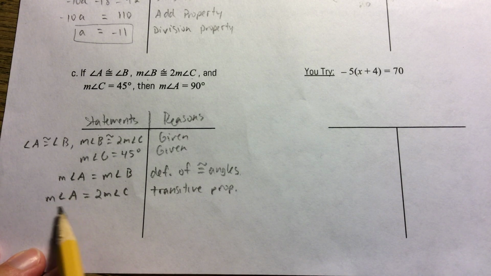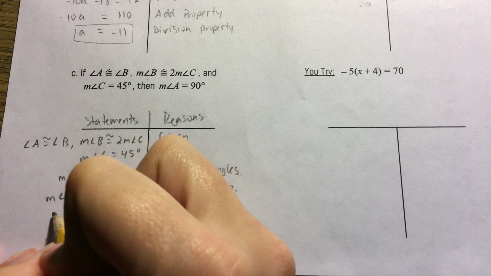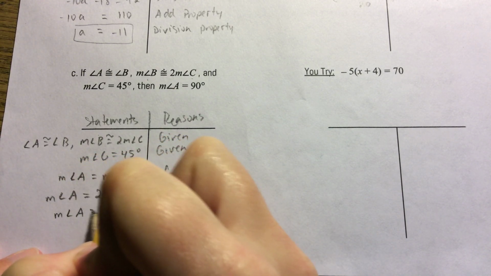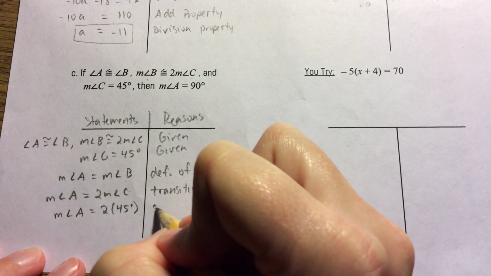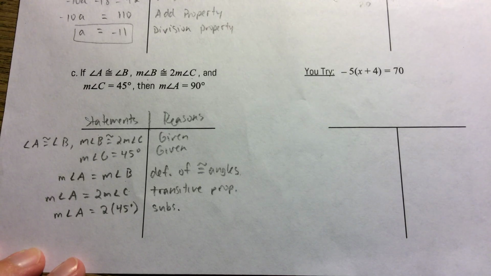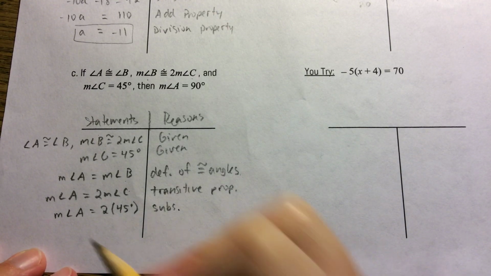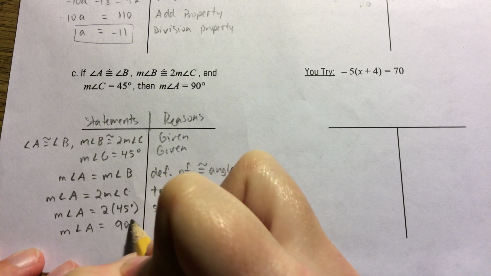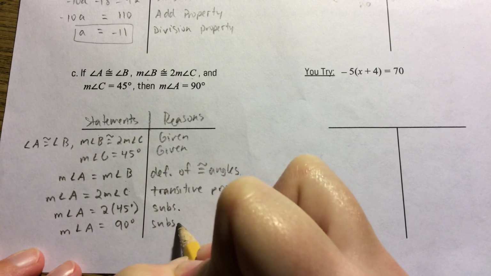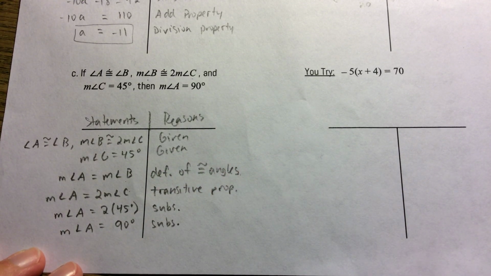So we know that C is 45 degrees, so I'm going to say measure of angle A equals 2 times 45 degrees. That's substitution. And then I can actually simplify this. So this is saying measure of angle A would equal 90 degrees. Substitution.